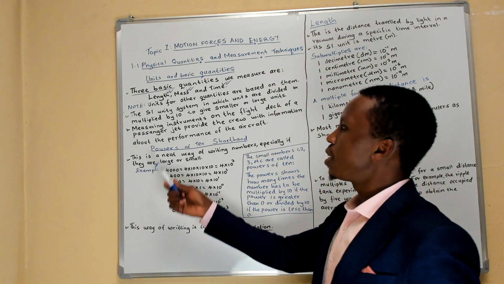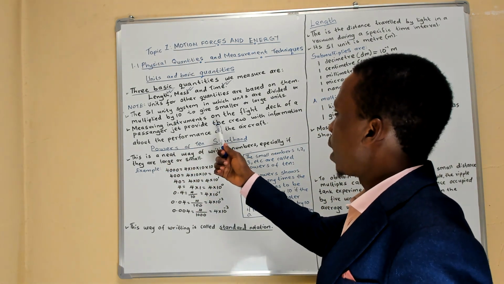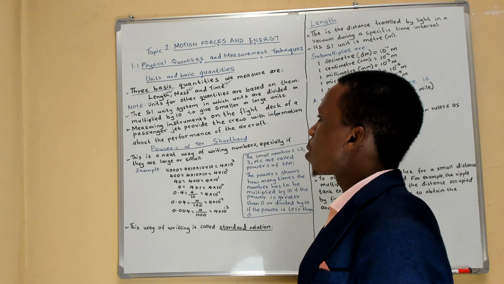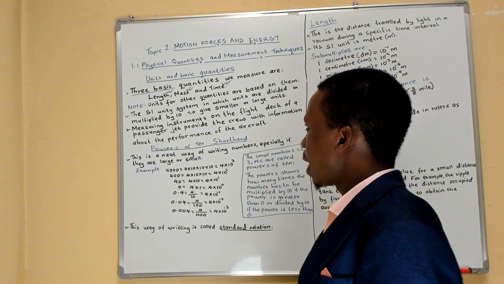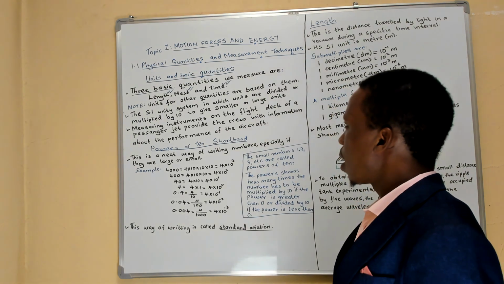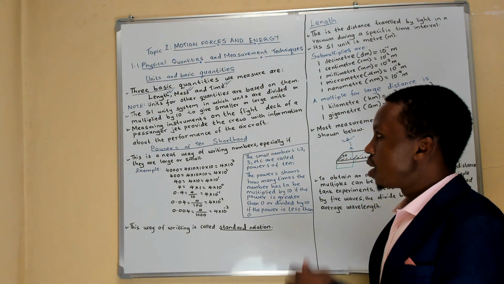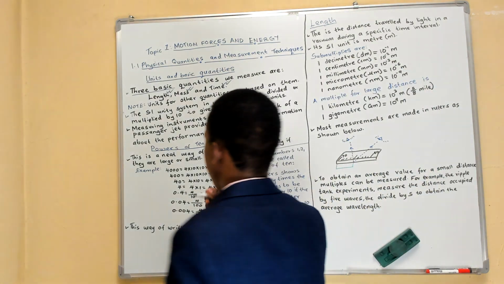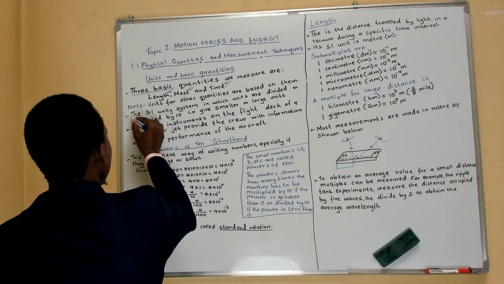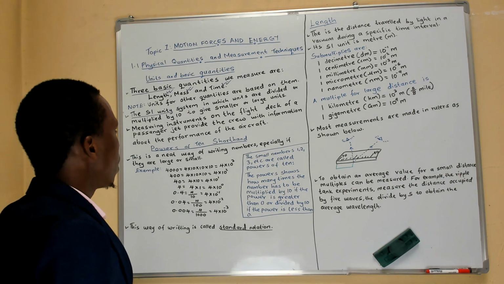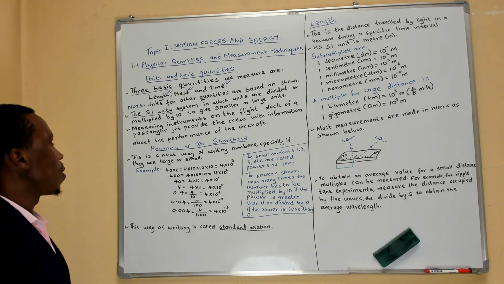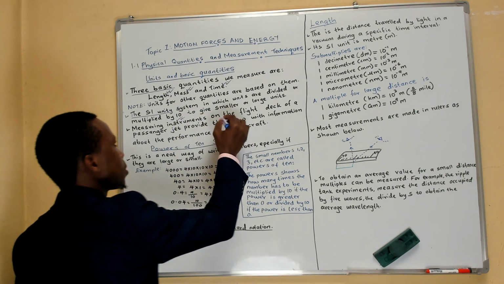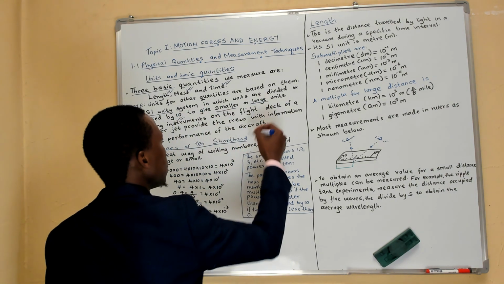The SI unit system is a system in which units are divided or multiplied by 10 to give smaller or larger units. We're just trying to define what an SI unit stands for.